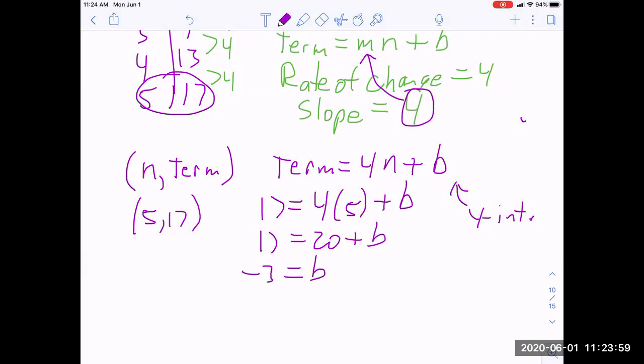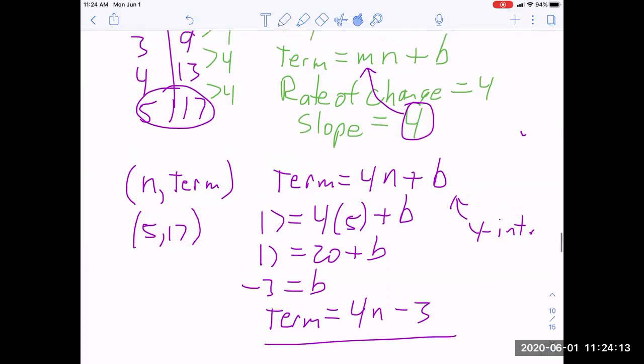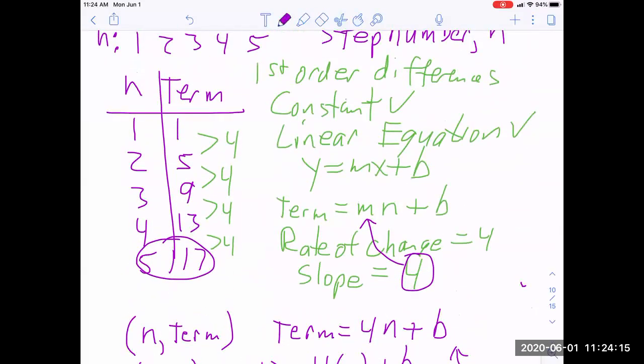My formula, the term, is 4 times the step number, subtract 3. And all of this flows from the first order differences. All that information it gave me, it was constant. I know it's linear. I know the slope is my first order difference.